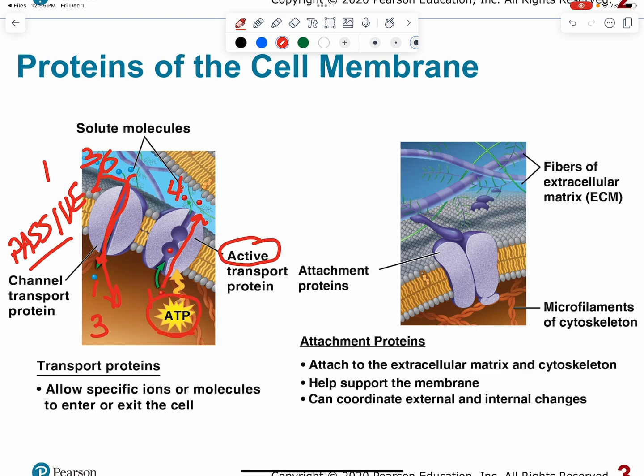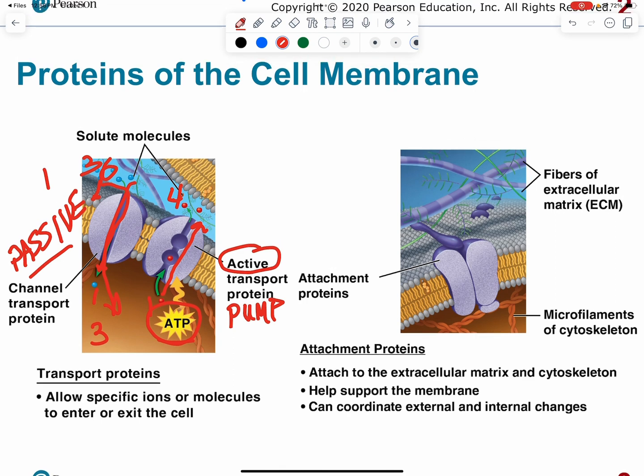So it's called active transport. There's another slide on this, so we'll get a little bit more detail. This is sometimes called an active protein pump because it has to pump in the opposite direction of normal flow. So this is still number 1 because it is a channel protein to widen the gap.